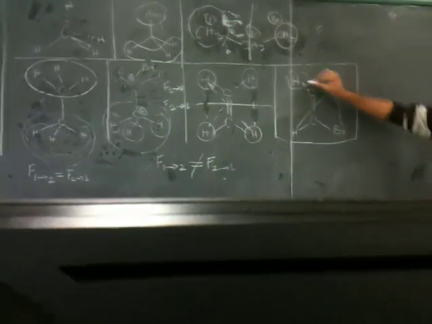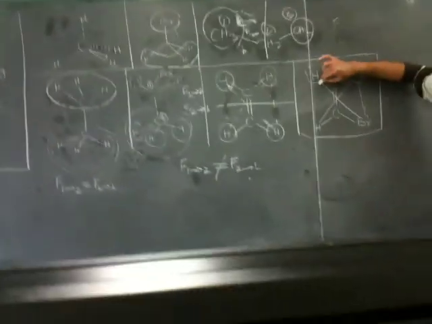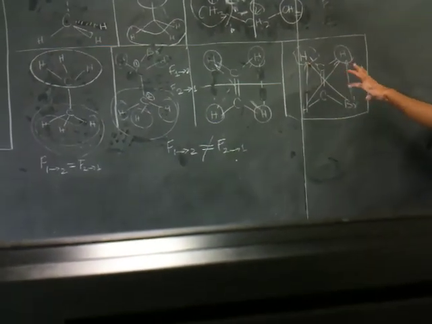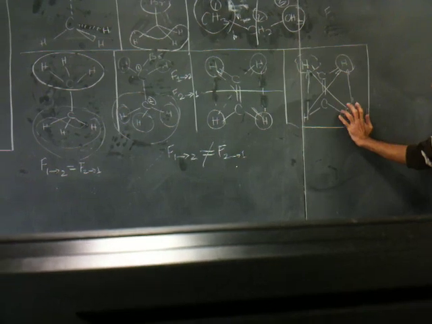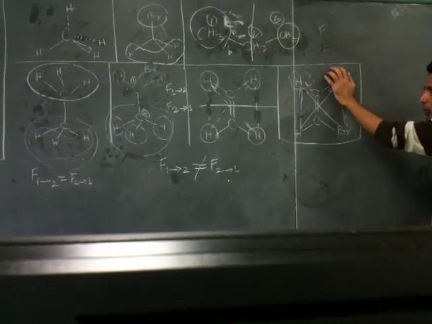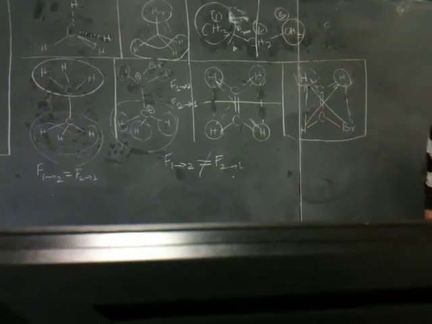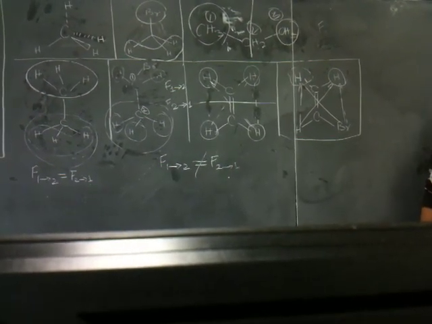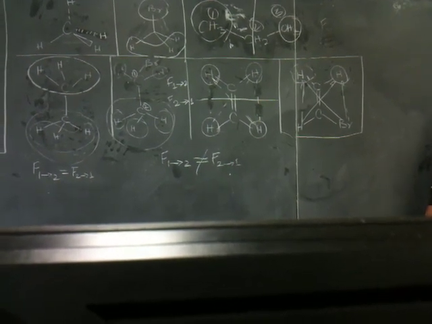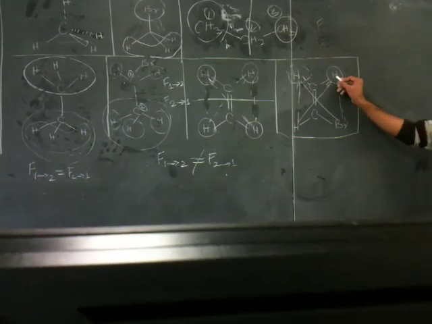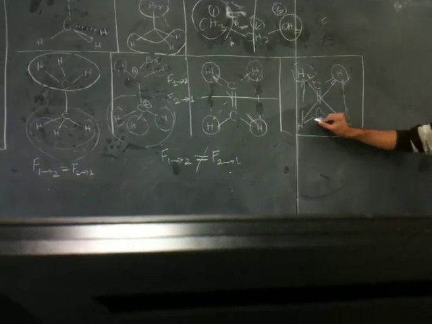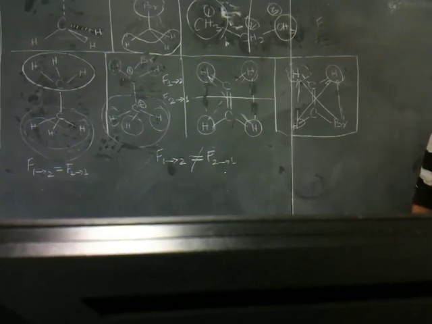Force on this one, 1 and 2. Now, the distances are different, so forces will be different. So what you will see is how many protons are now in this molecule. There are 3 protons and 3 different sets. So you should expect 3 peaks. Peaks for these 2 will be really close, and the peak for this one will be a little farther.